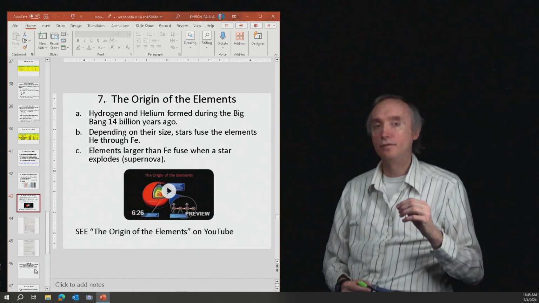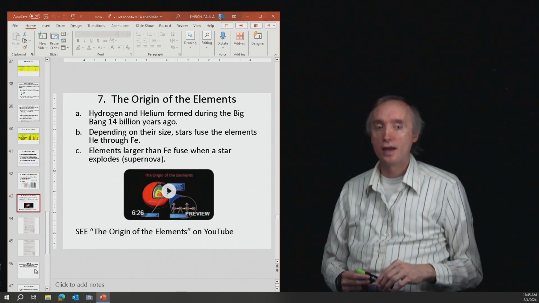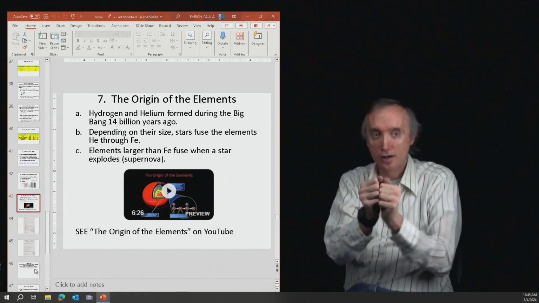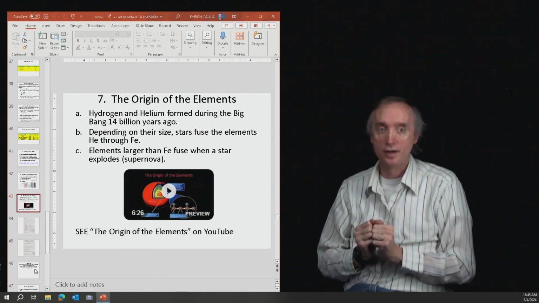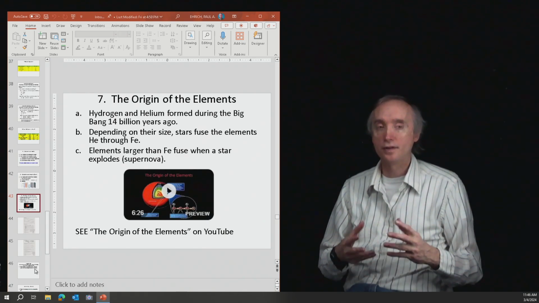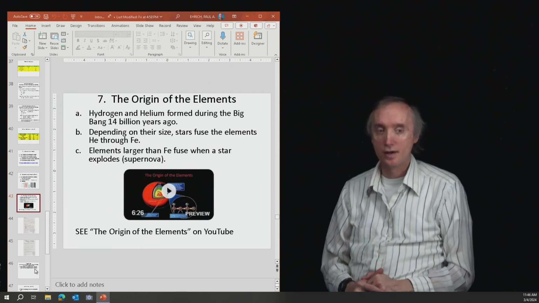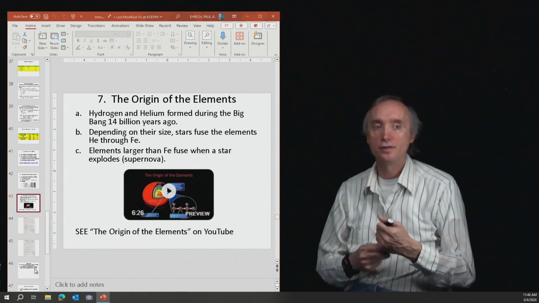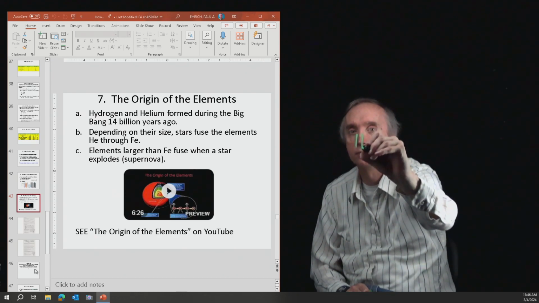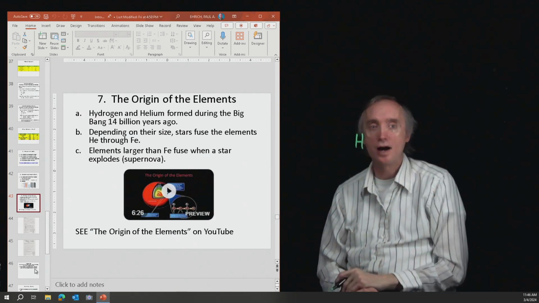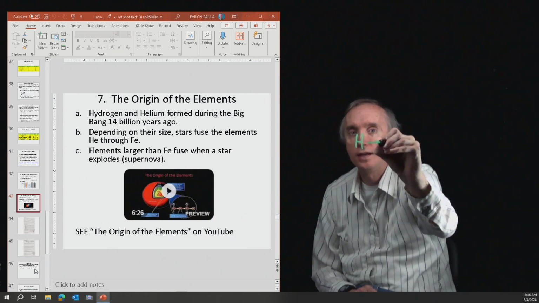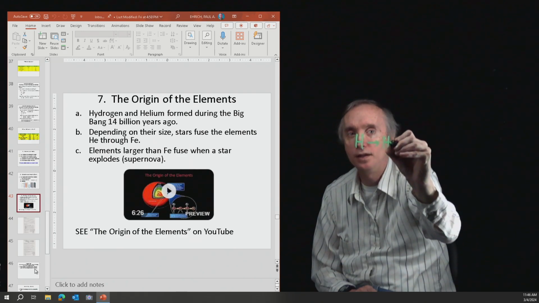Eventually it cooled to the point at which those protons and neutrons started to collide with each other, and you had the first nuclear fusion in the history of the universe. Originally, the universe consisted of basically protons and neutrons, so there was a lot of hydrogen, and then through nuclear fusion, it made a lot of helium.